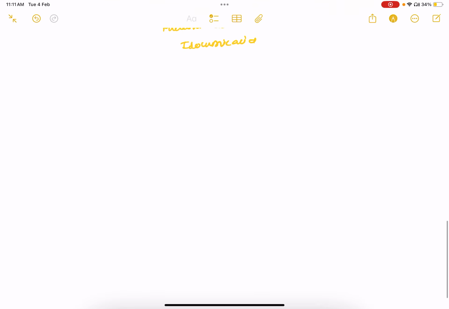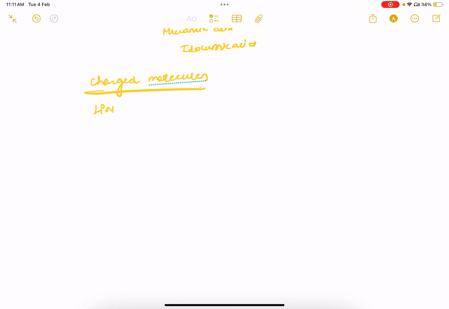These heteropolysaccharides are generally charged molecules. The linkage they have, in general, is beta 1,4 glycosidic linkage, or it can also be beta 1,3, but the most preferred linkage is beta 1,4.